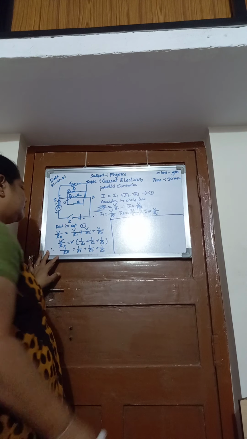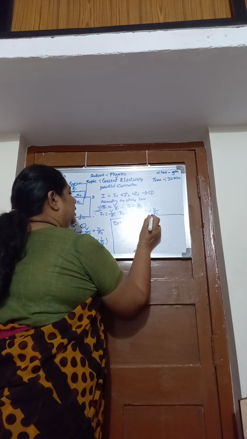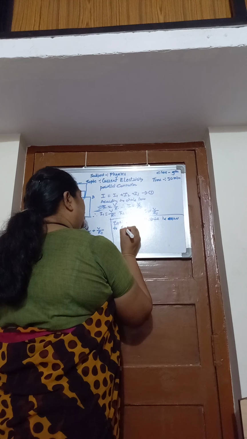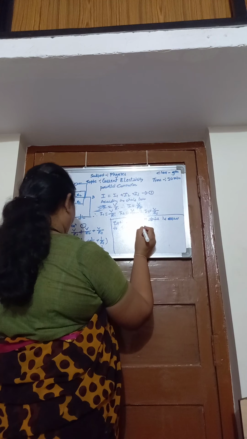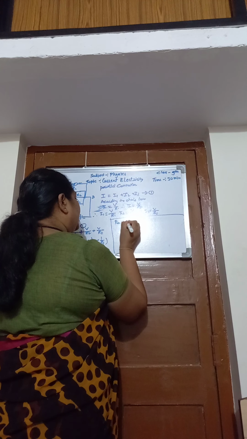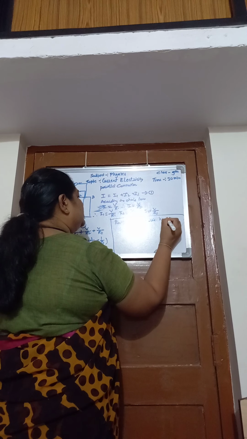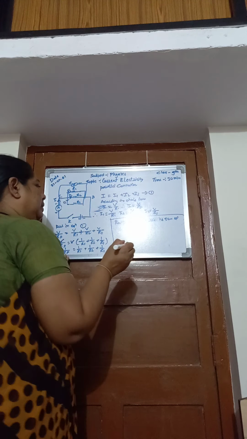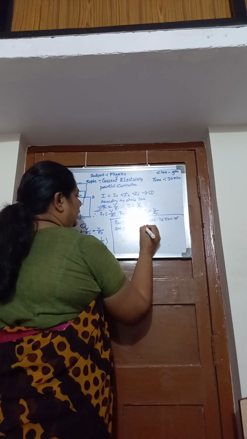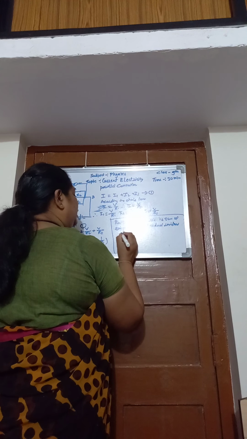The equivalent resistance of parallel resistors is equal to the sum of... just a minute... the reciprocal of the equivalent resistor is the sum of the reciprocals of the individual resistors in parallel.